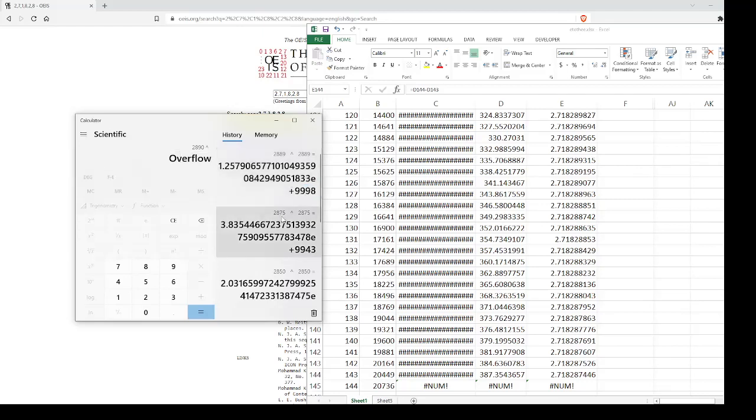So let's take 2889 to the 2889th power over, minus this over its predecessor.